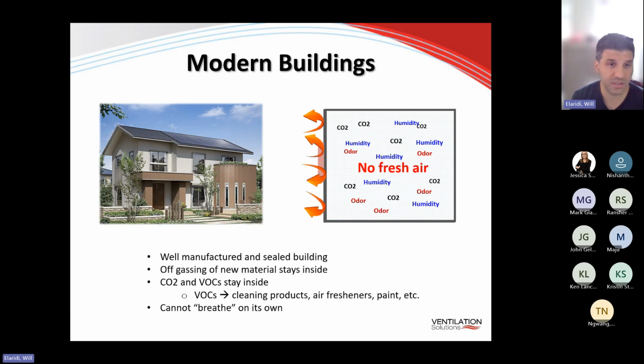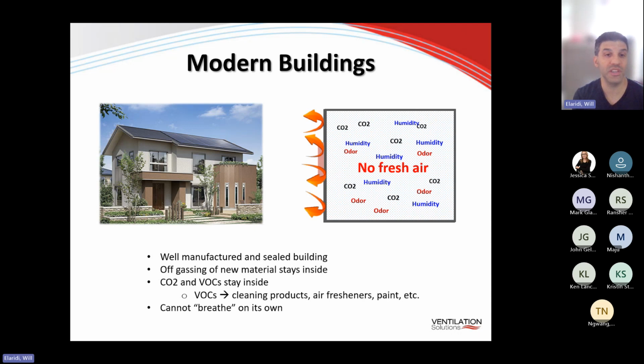Looking at more modern buildings, they are manufactured using literally thousands of different types of materials. And the problem with that is that after the building is built, or a house, let's say, for example, it's going to continuously off-gas these new materials for almost 2 years, even sometimes.